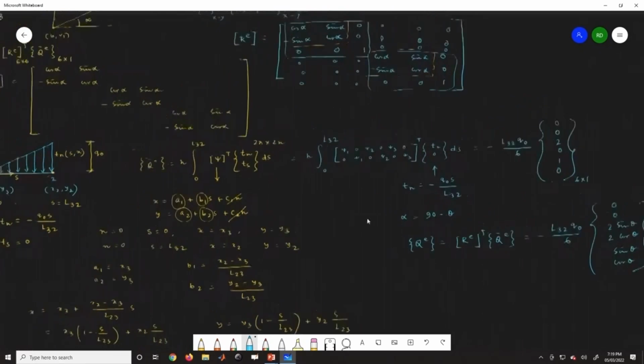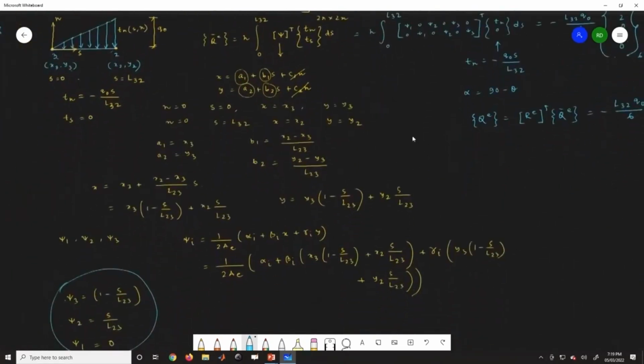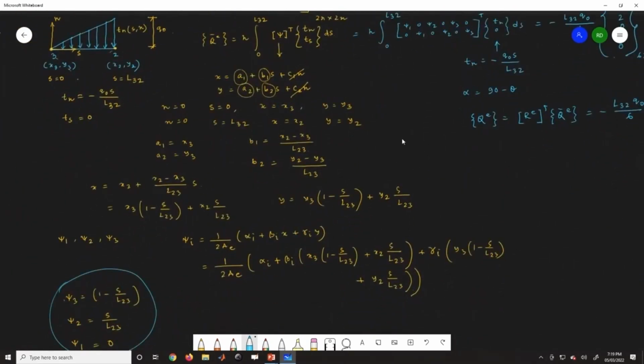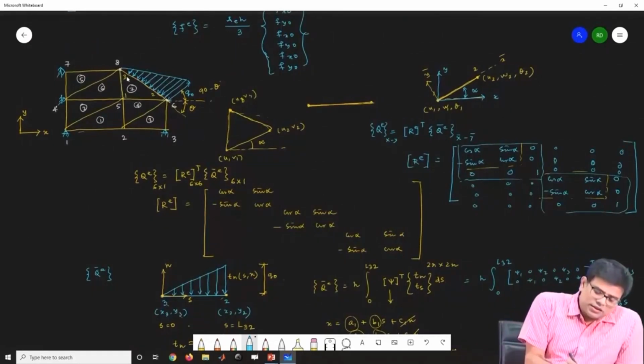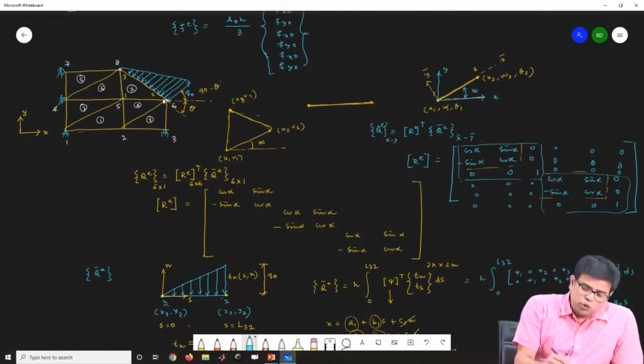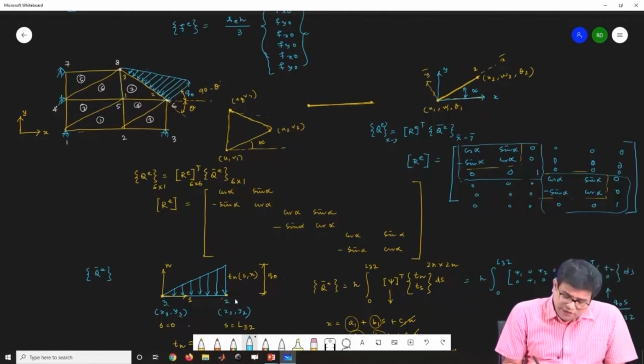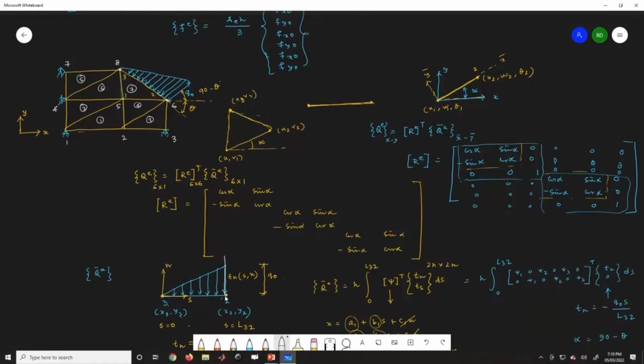Now the important point is that for this kind of linear element, it represents the linear polynomial in one dimension. Remember, if I start taking my axis from 2 to 3 instead of from 3 to 2, that is also possible.